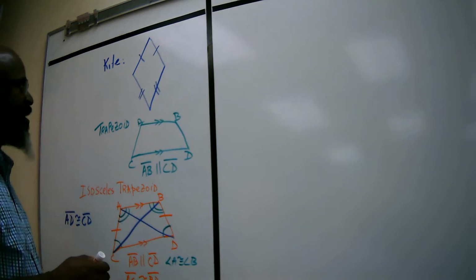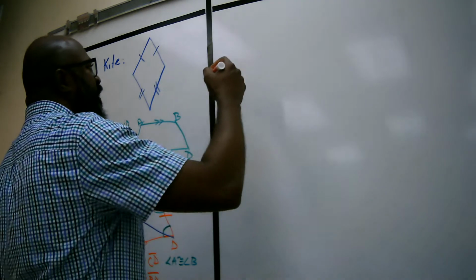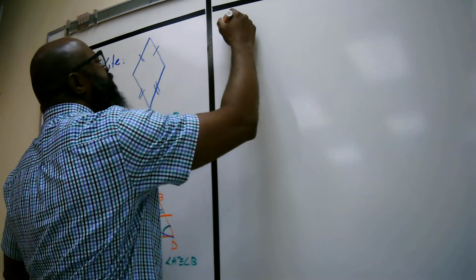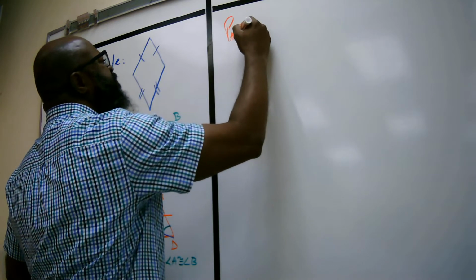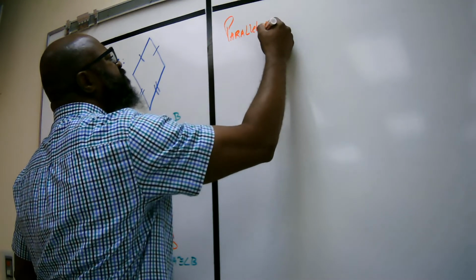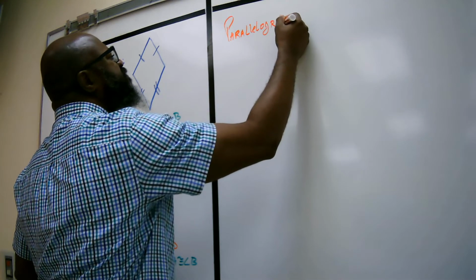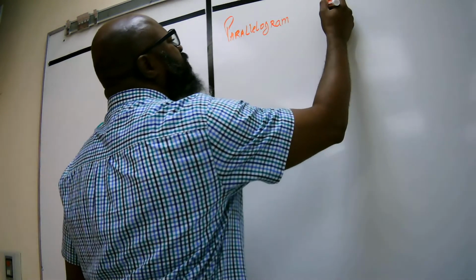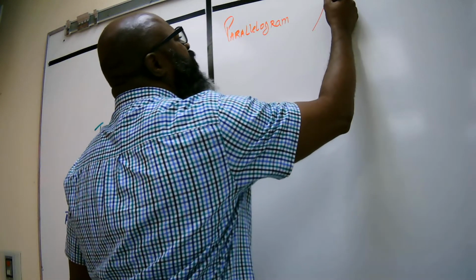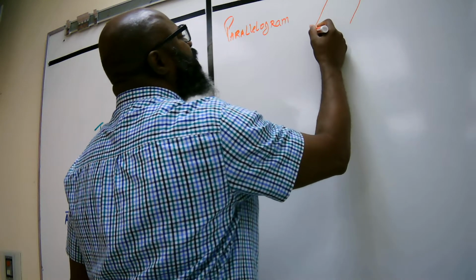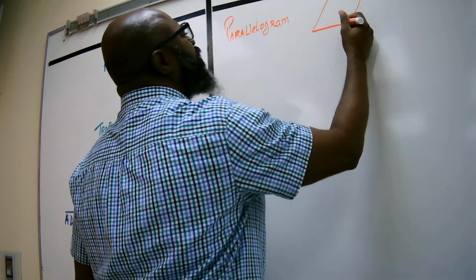So the other quadrilaterals are what you call parallelograms. To be a parallelogram, you must have both pairs of opposite sides parallel. That is the definition of a parallelogram.